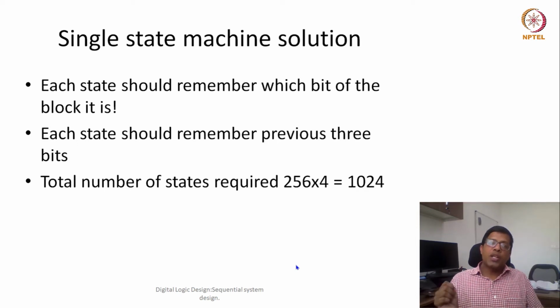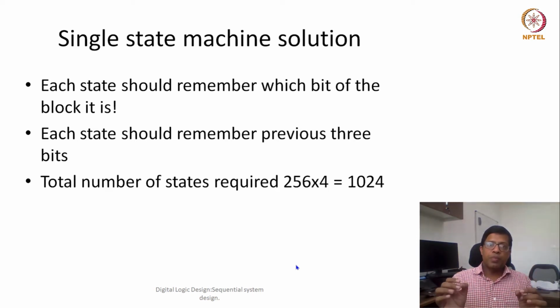And along with that, I also have to remember how many bits have already elapsed, or how many bits of the block we have already seen. Because the number of bits in a block is 256, there have to be 256 states for all of these possibilities. Along with that, I also have to remember how many bits of the pattern have matched.